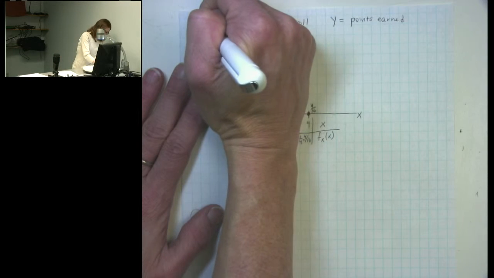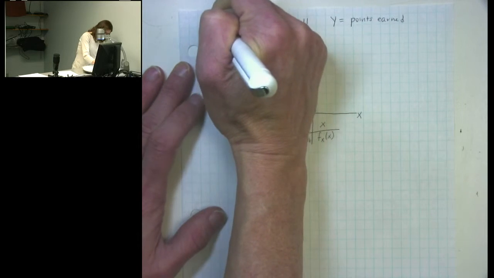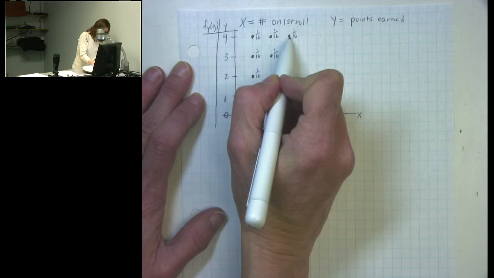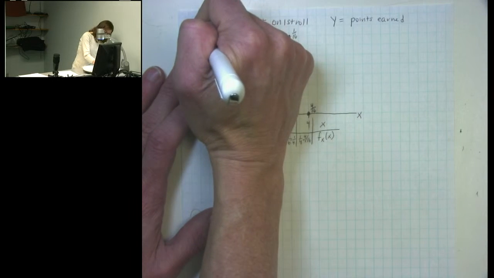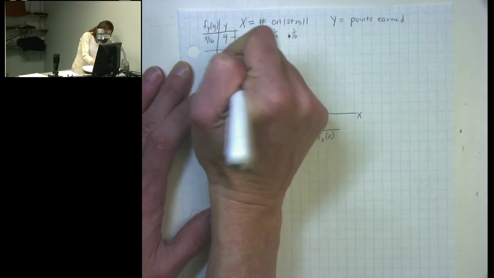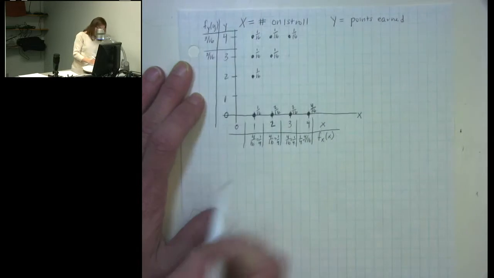Similarly, we can add across to find the marginal distribution of y. 1, 2, 3/16 is the probability that y equals 4. 2/16 is the probability that y equals 3.